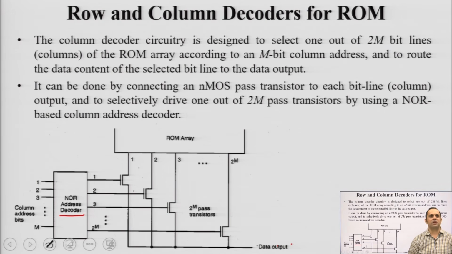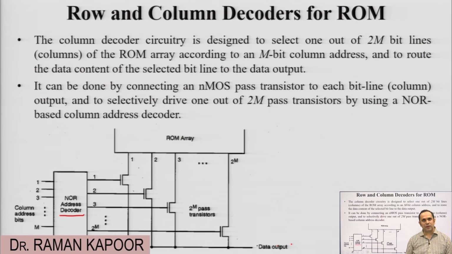For the reading part, you need decoders. For the row, you need a row decoder, which is a simple Boolean decoder circuit. For an n bit address, you can generate 2 to the power n word lines. For the column address, you need a decoder followed by a network of pass transistors, which helps you find the location of the column and also read the output from that memory cell.